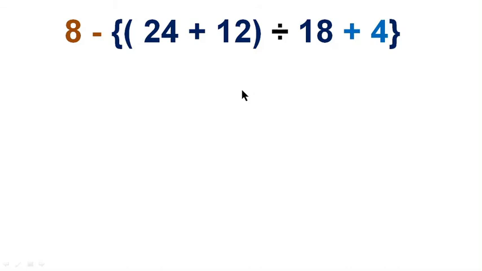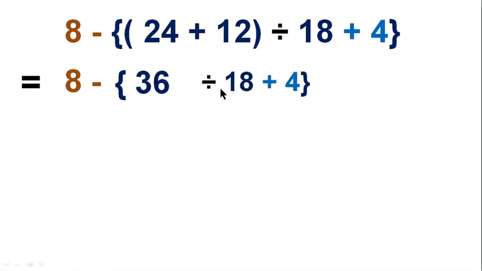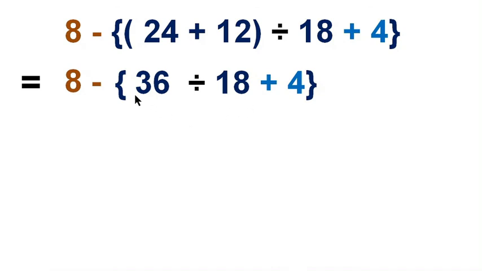Let's solve the next simplification. Here we will add here at first. If we add 24 and 12, we can get 36 in total, and all these will be written here same. And in the second bracket there are two operations, addition and division, but we should divide first.